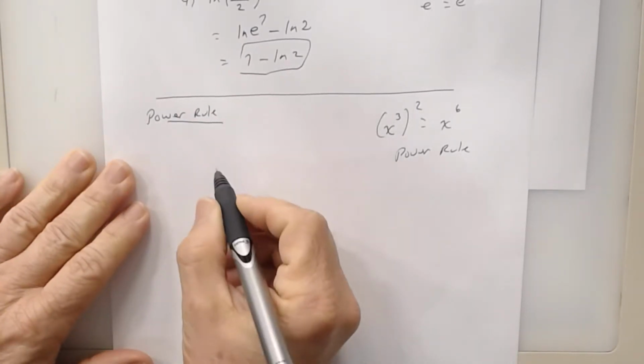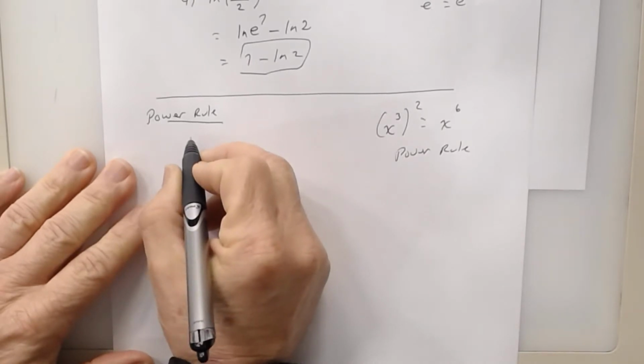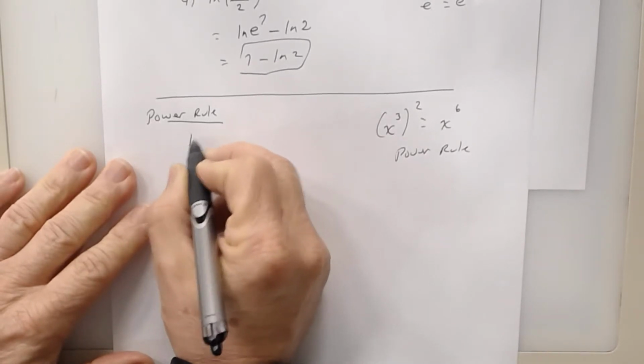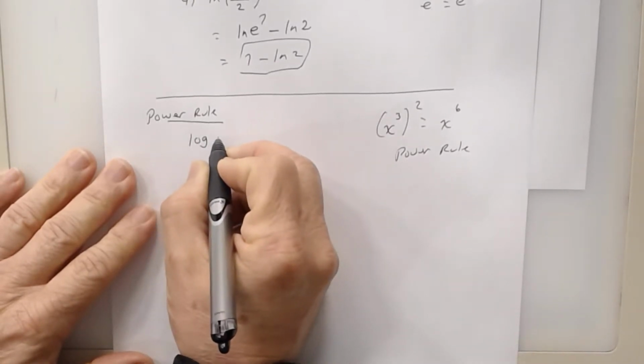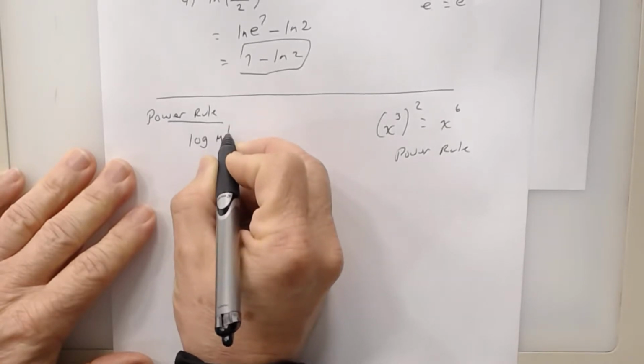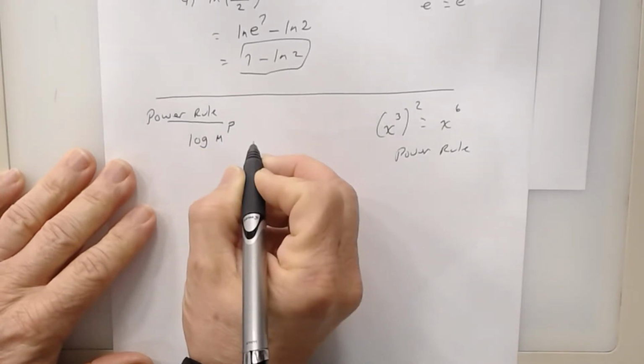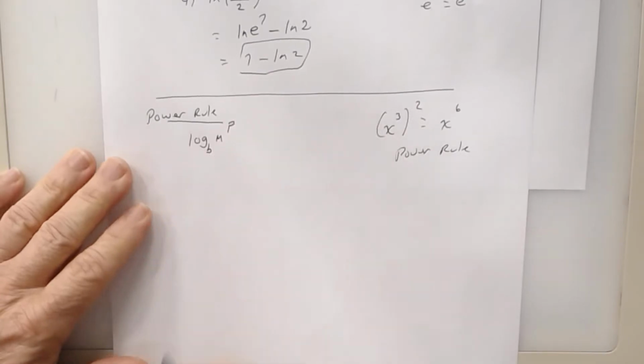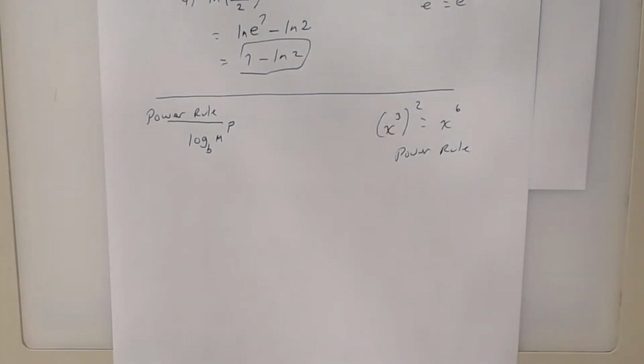All right, listen carefully. You have the log of m raised to a power. The power is p, and let's say the base is b. So the log of m to the p power base b.